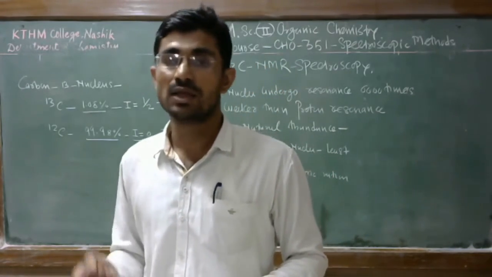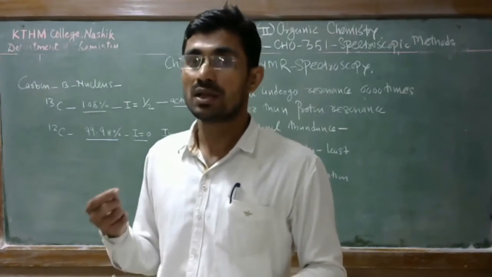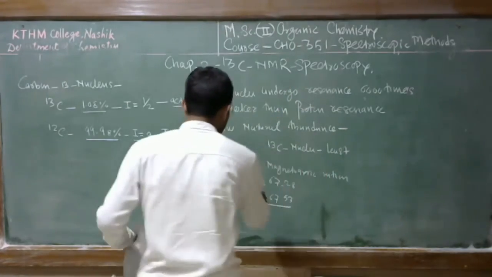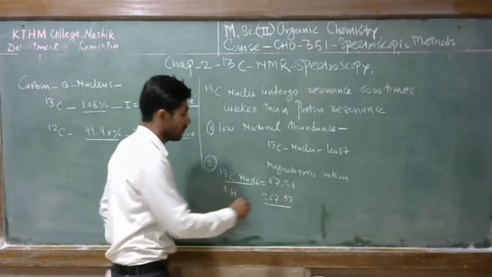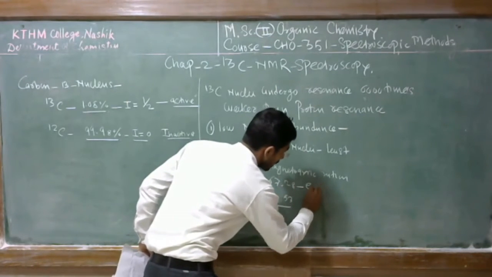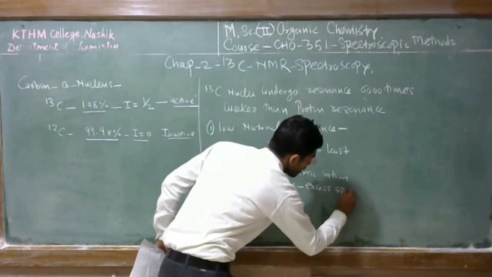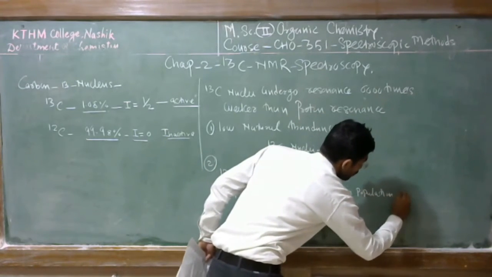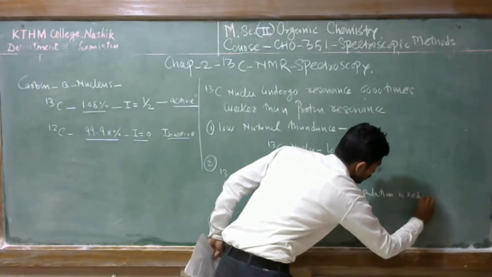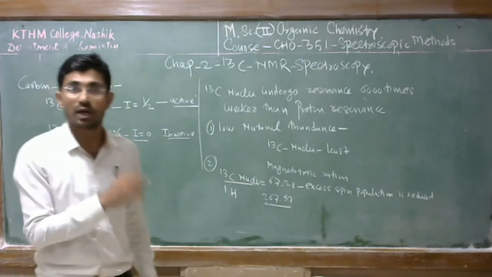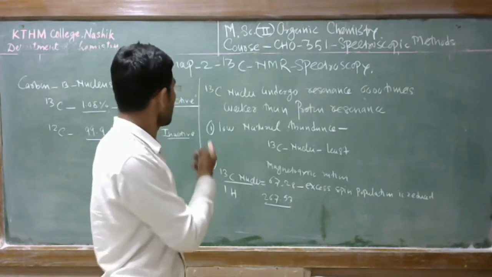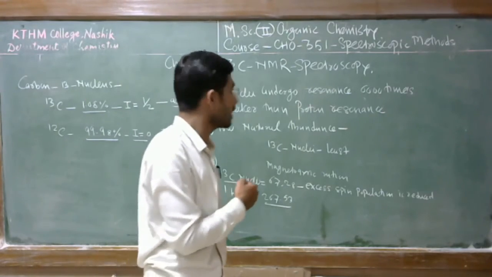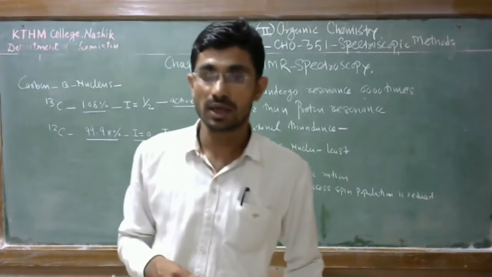When excess spin population is reduced, the sensitivity of the technique is also reduced. So because of that, we observe 13C nuclei resonance 6000 times weaker than proton resonance. This is the second reason.